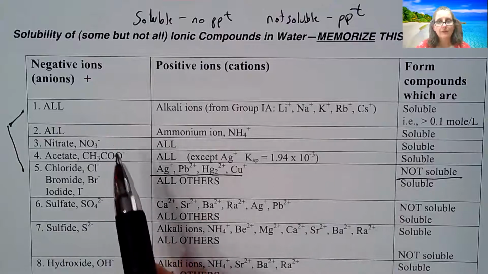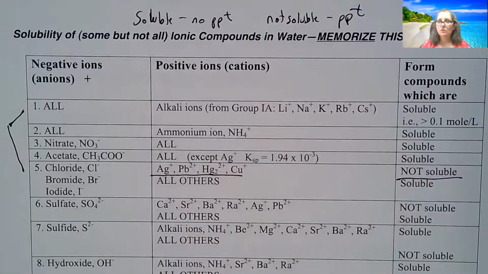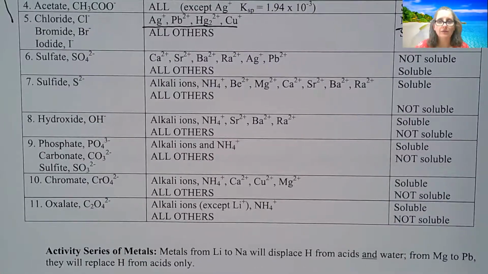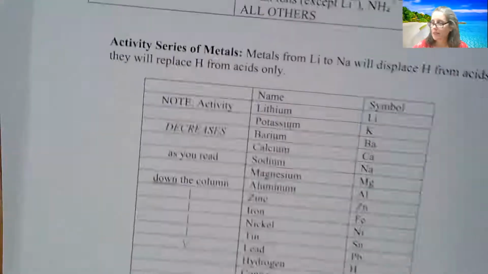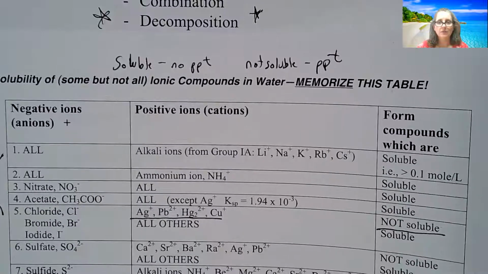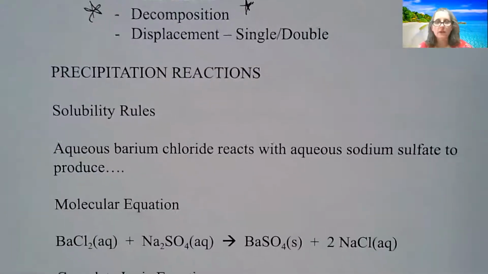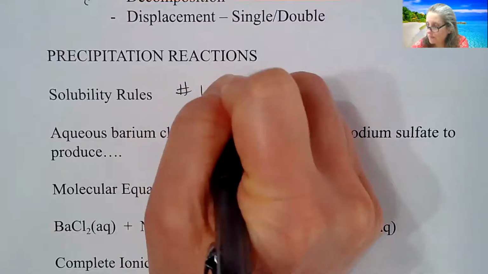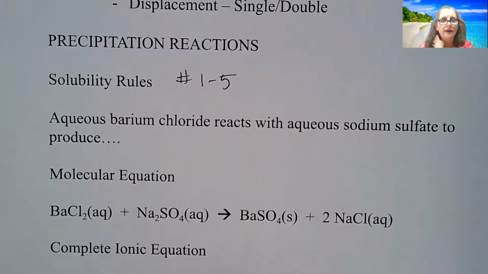So these are the 5 that I expect you to memorize and use for this class. The rest of it I will provide to you. I will block out the first 5 and you will then have the rest of it. This activity series we'll talk about a little bit later on, but that's the solubility table that you're going to be using. So solubility rules, again, you must memorize number 1 through 5.